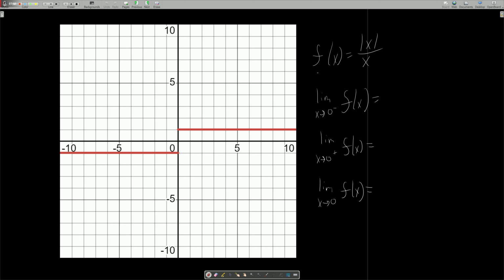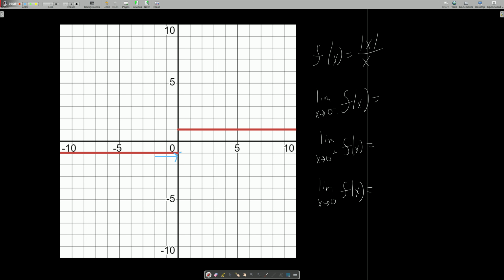Alright, let's try something else. This is the absolute value of x over x. So you see we have this break here between the left and right sides of the function. So this is asking us for the limit of f of x as x approaches 0 from the left. As x approaches 0 from the left, you can sort of draw an arrow to visualize it.